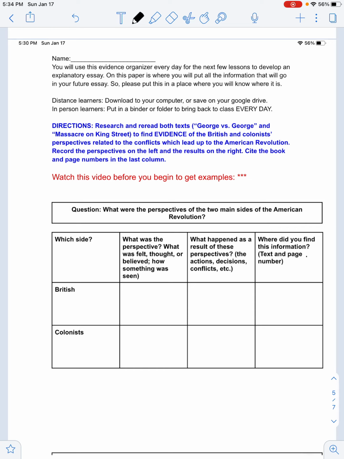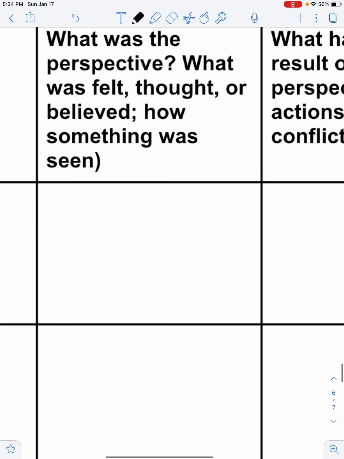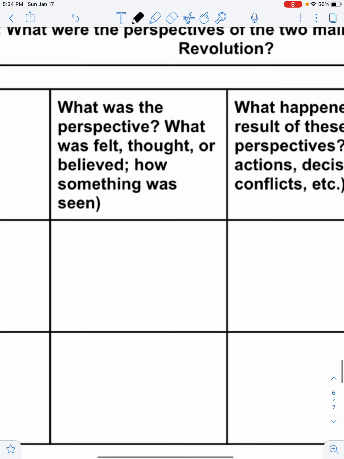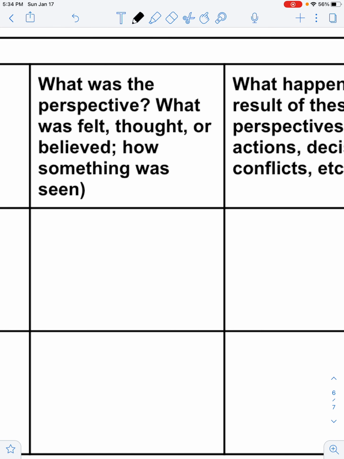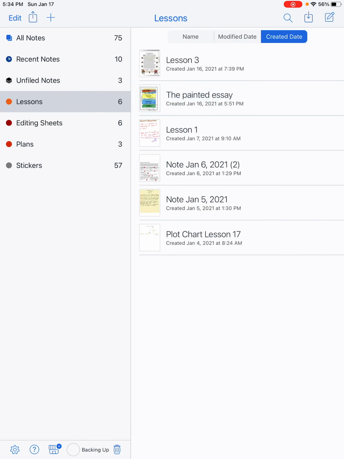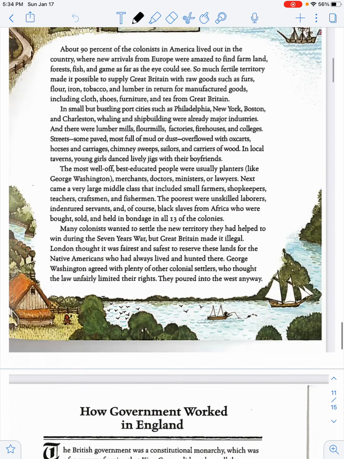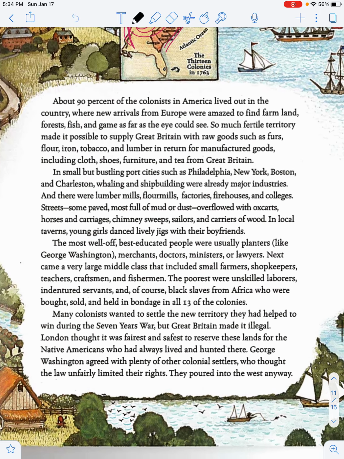So, for this box today, I'm going to talk about a perspective of the British, when they said that London thought it was fairest and safest to reserve these lands for the Native Americans. If we go back to lesson 1, it's on page 15. Let's look here in this last paragraph.